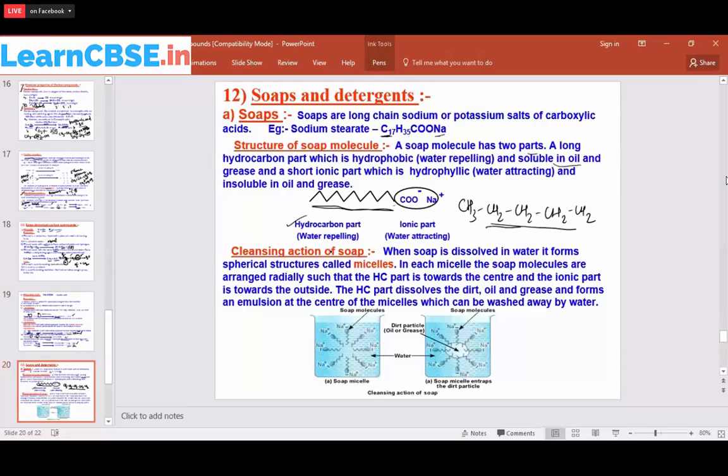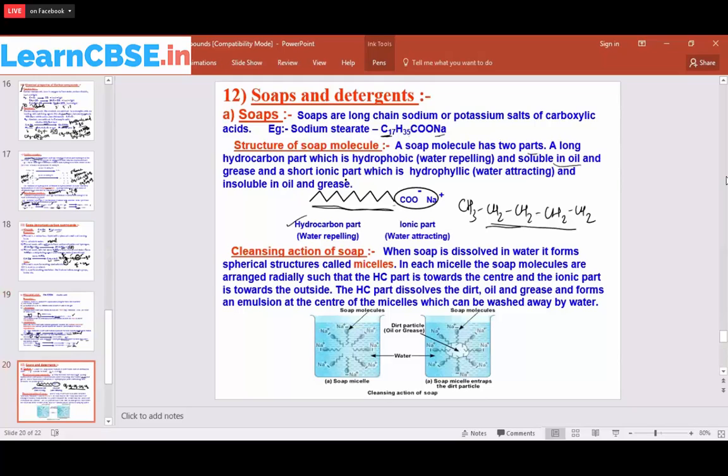Once you use soap water, it goes immediately, because this long chain hydrocarbon is soluble in the oil or grease. It dissolves the grease present in our cloth and removes it from the cloth. That is why in soap we use the long hydrocarbon chain.